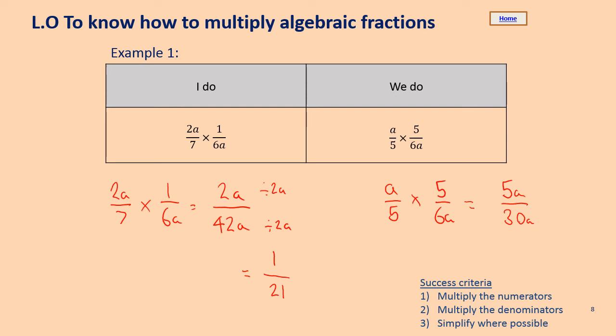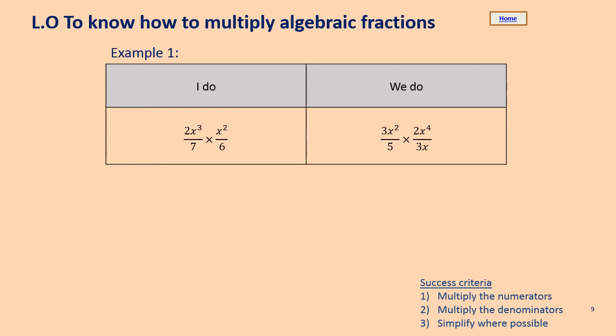So the highest common factor of 5a and 30a, again, is actually going to be 5a. So divide top and bottom by 5a. 5a divided by 5a is 1. 30a divided by 5a is going to be 6. So this actually simplifies to 1/6. Really well done if you got that right by yourself.